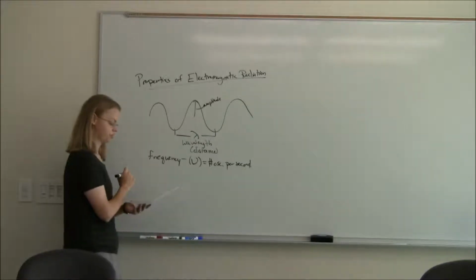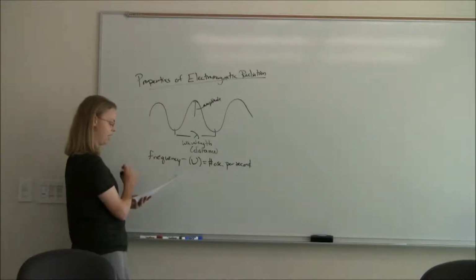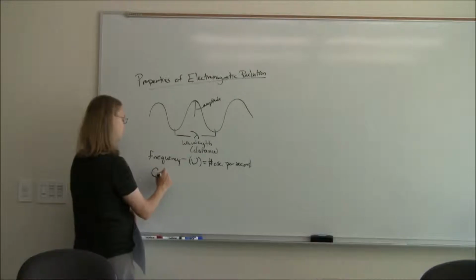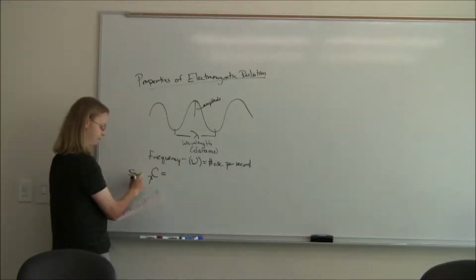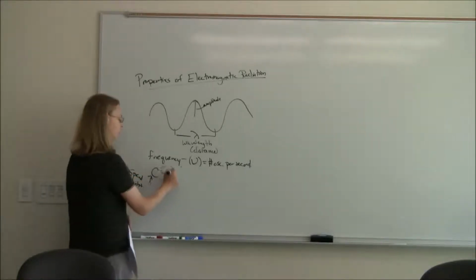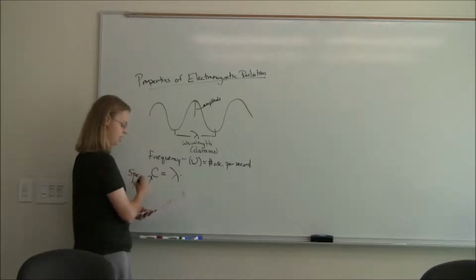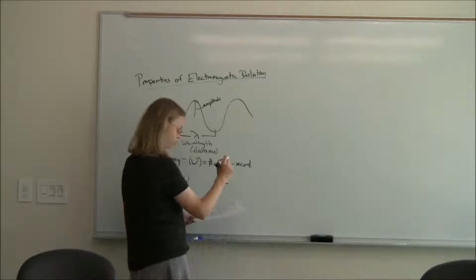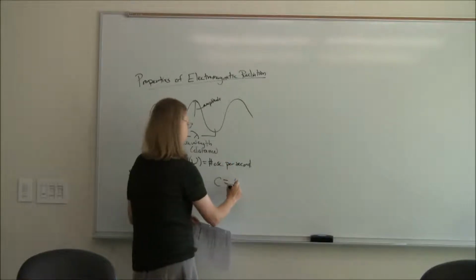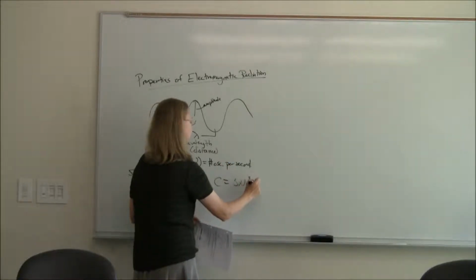And in a vacuum, the speed of light would be the wavelength times the frequency, and in a vacuum, c is equal to about 3 times 10 to the 8th meters per second.